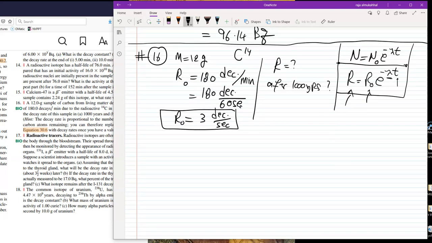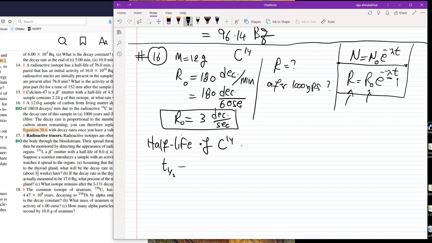How do I find lambda? Well, I forgot to mention something. In the book, it's mentioned the half-life of carbon-14. The book assumed that you already have access to it.